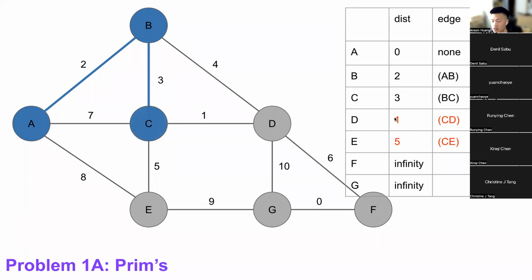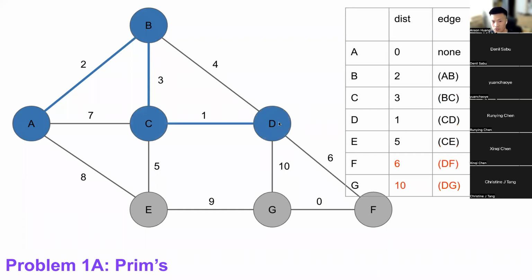Again, you don't have to keep track of previous distances. You just get the immediate distance from the node you're currently on to the new node. So you can go from C to D in a distance of 1. And then we just found E again, and that's less than 8, so we update it to 5.